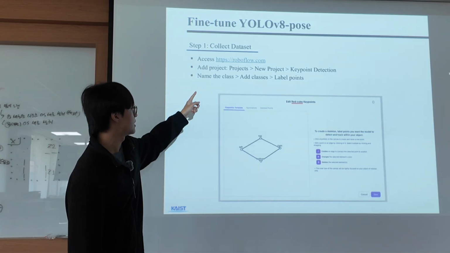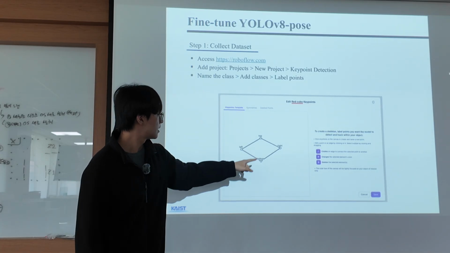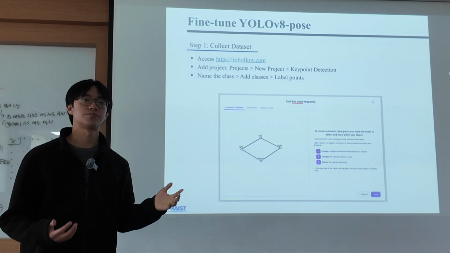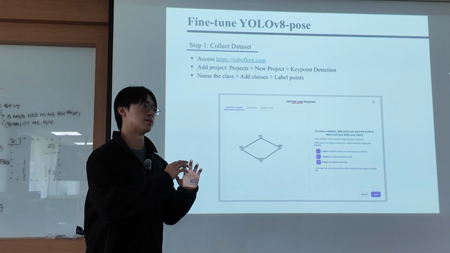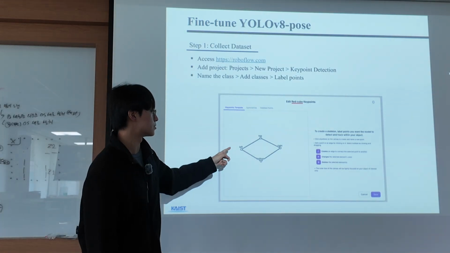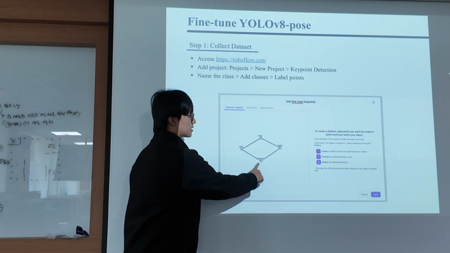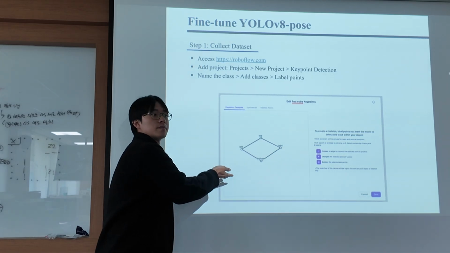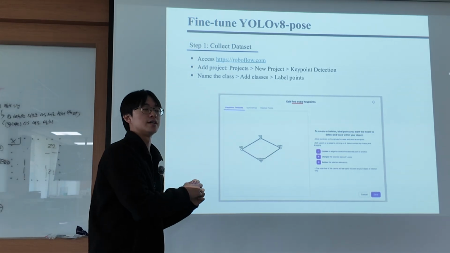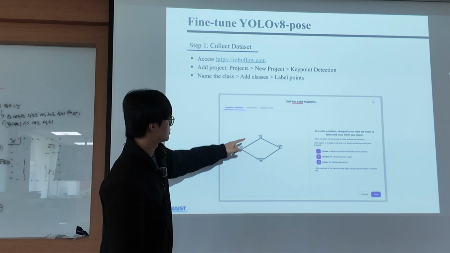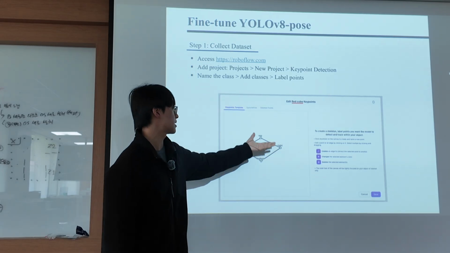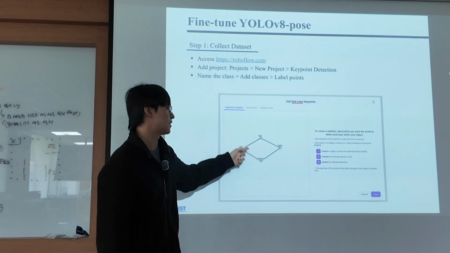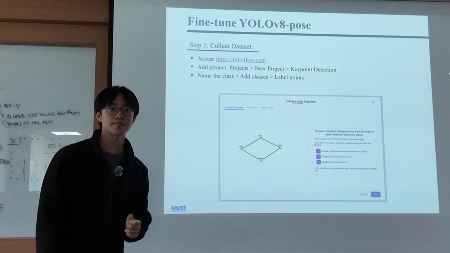In the project, name the class, and add some key points for the robot to predict. For predicting the cubes, you are going to predict the top side of the cube, like you did with the ArUco marker. So if there is a cube, the robot should predict the top, right, left, and bottom points of the top side.